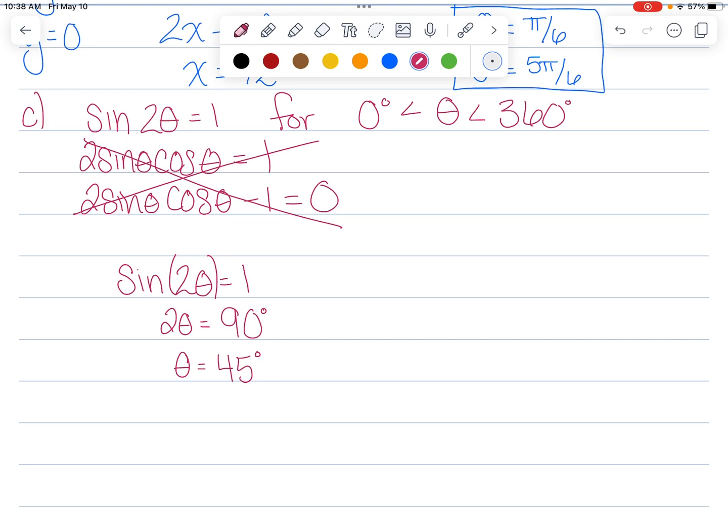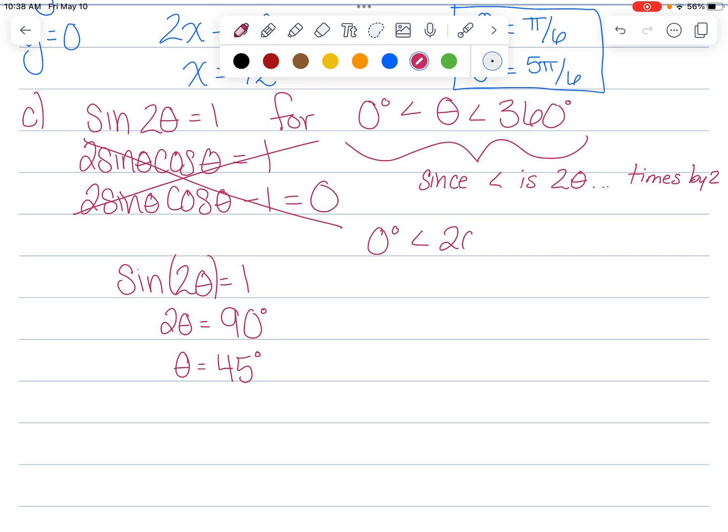Except, there's one thing I have to keep an eye on here. If I'm going to solve a trig equation in reference to 2 theta, this range being in terms of theta is not good enough. I need the range to be for what works for 2 theta. So, since the angle is 2 theta, times by 2.